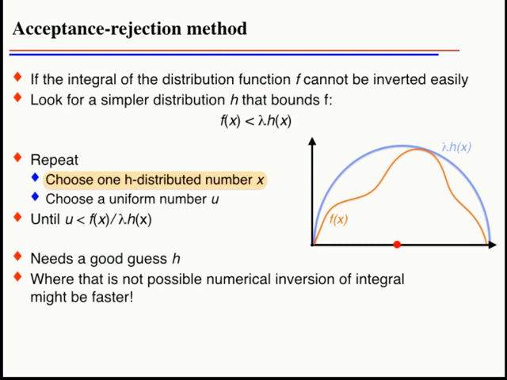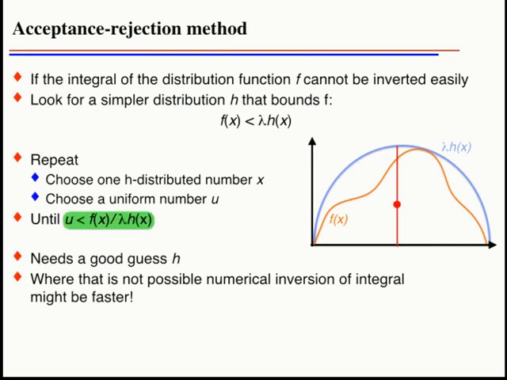Then, next, we sample a uniform random number on this line, which is going from 0 to the current value of lambda times h of x. Then we check the condition here, which I can just take this part to the other side, it's just telling you if our point is below the orange line.